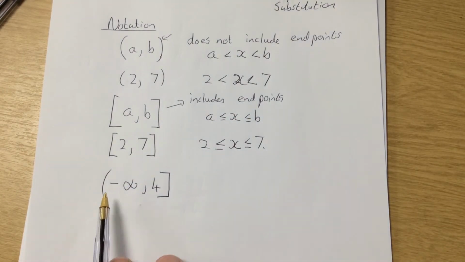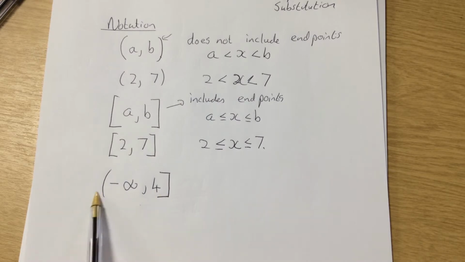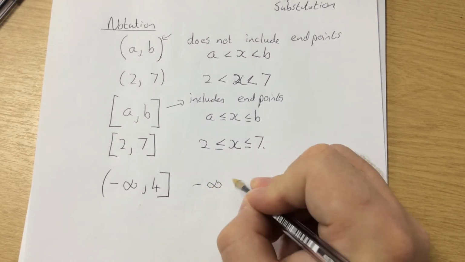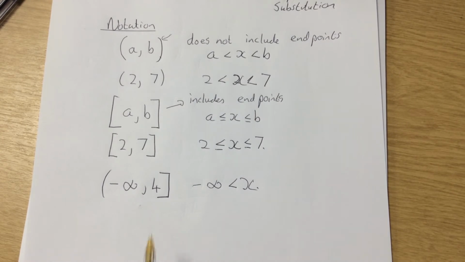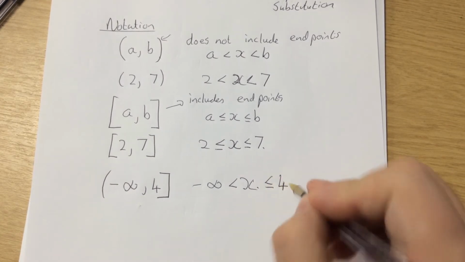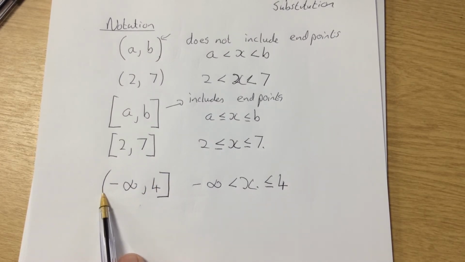Sometimes you see a round bracket and a square bracket. Because the round bracket is by the minus infinity, it does not include it, so x is bigger than minus infinity. But because it's a square bracket, it includes the 4, so it's less than or equal to 4. It's not equal on the other end, because it's a round bracket.